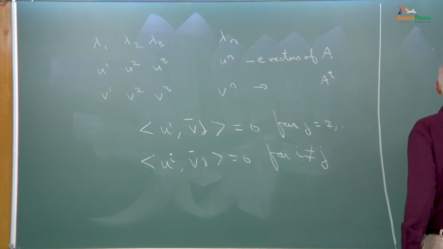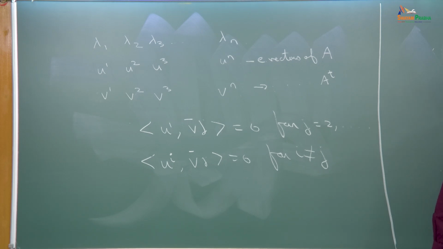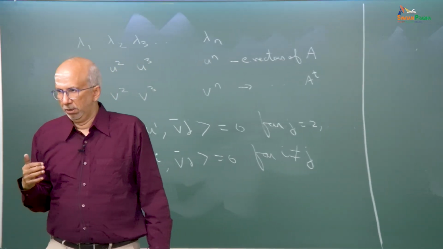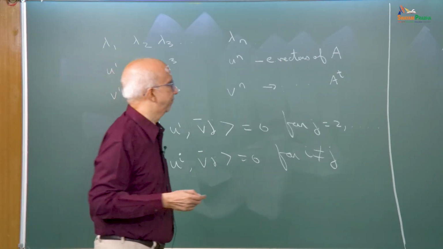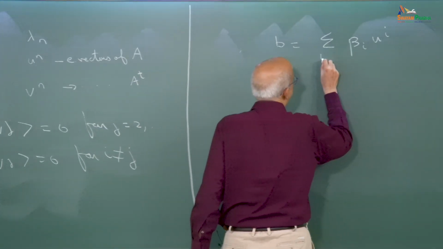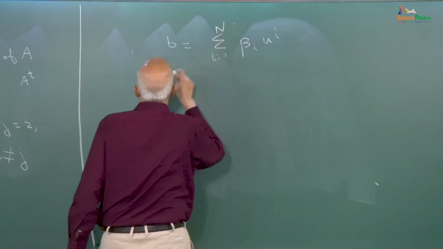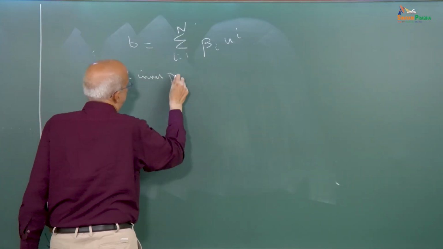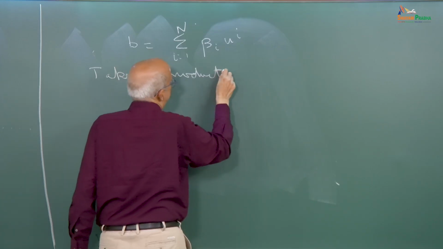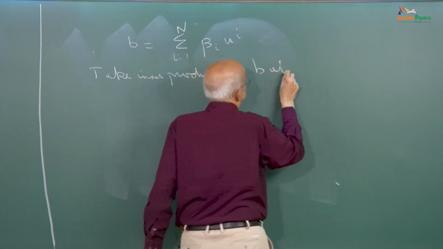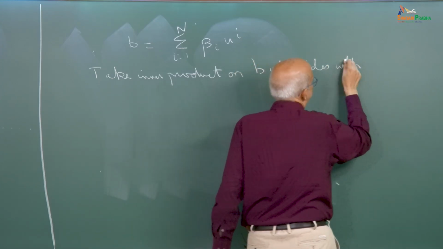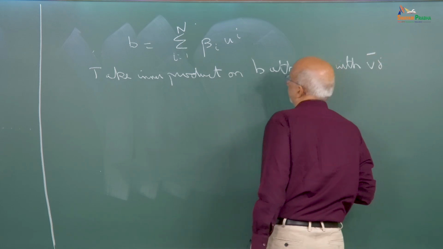So, when I write b as sigma beta i ui, with i going from 1 through n, I will take the inner product on both sides with Vj bar, and what do I get?